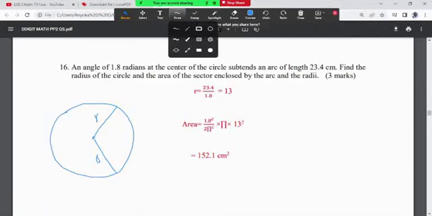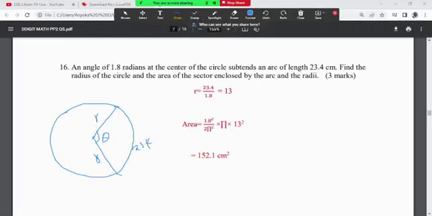If this is the center, radius and radius, there is an angle here. This angle, if it is in radians, it is the angle that is subtended by the arc length, and this arc length now is 23.4.